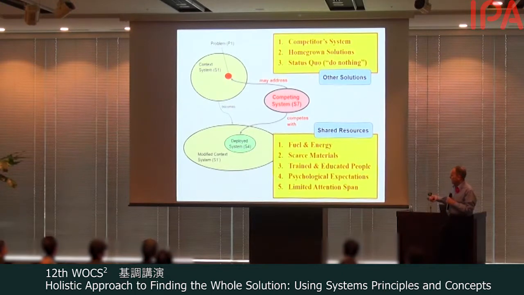And part of that is because of limited attention span and sometimes psychological expectations. So the human has certain expectations. If you use a certain color or a certain shape, well, symbols mean something to somebody. Colors mean something. So you need to understand, how will the people react with my system?